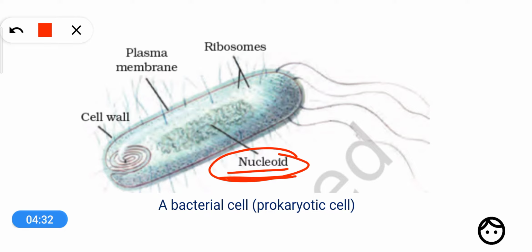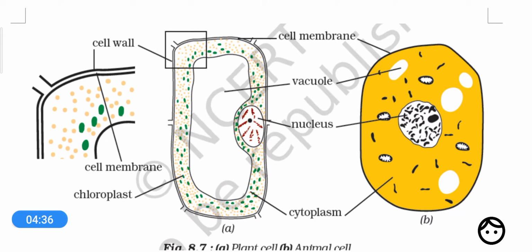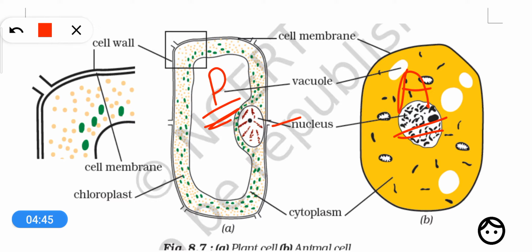Alright, let's move on to the eukaryotic cell. This is a plant cell, and this is an animal cell. Here you see that the nucleus is enclosed within a membrane. There is a clear cut membrane known as the nuclear membrane or nuclear envelope. In the animal cell also you see there is a nuclear envelope or nuclear membrane.